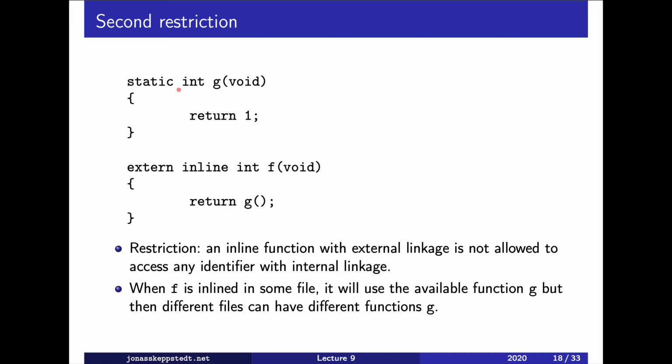And the reason is approximately the same, namely that different copies of f, or partial copies, since they are copied into another function, would use different g. They have to use a g located in the file to which it was copied, and the meaning of the program is destroyed. So that's forbidden.